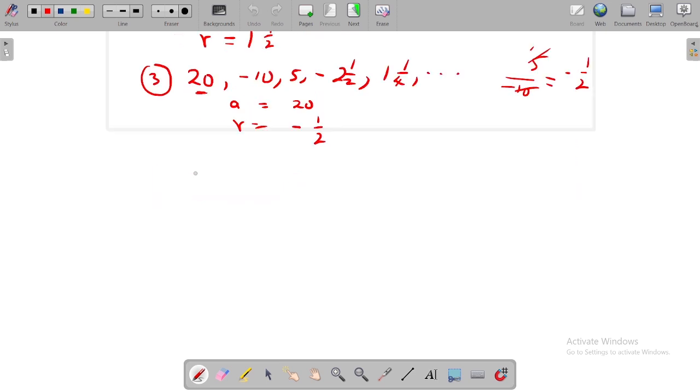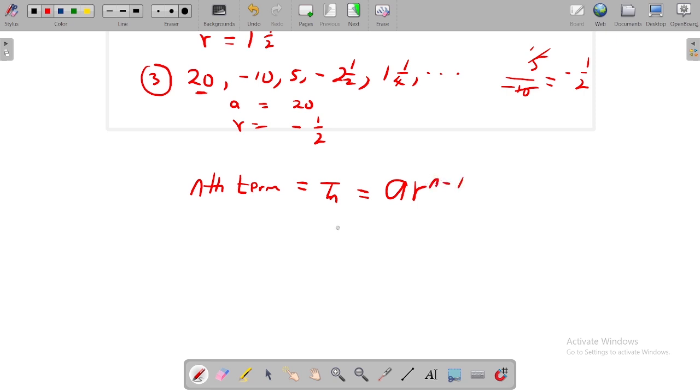There is something very important we need to talk about now, having known this A and this R, the common ratio. It is the nth term. What is the nth term of a geometric progression? The nth term, which is Gn, of a geometric progression is given by this formula: first term multiplied by common ratio to the power n minus 1.